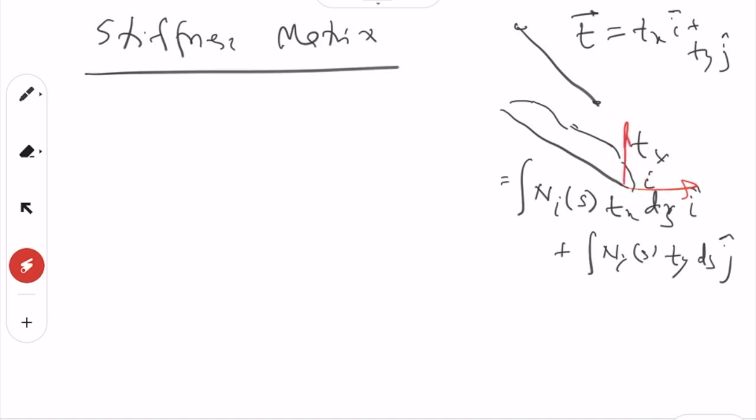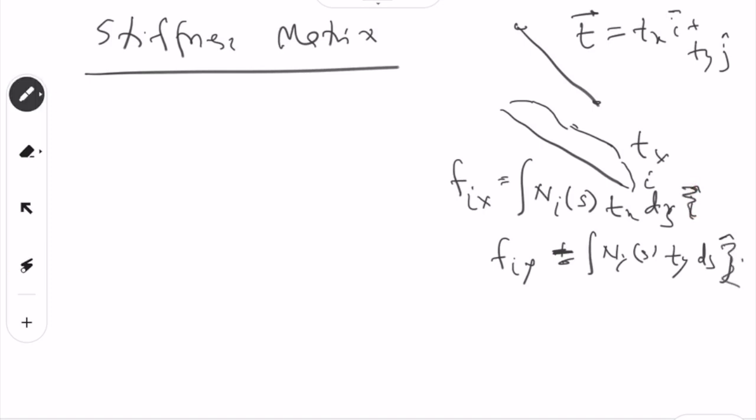Two components basically: the x component is this one and the y component is this one, meaning this will be equal to f i x, and this will be equal to f i y. So we do not have to write ij.